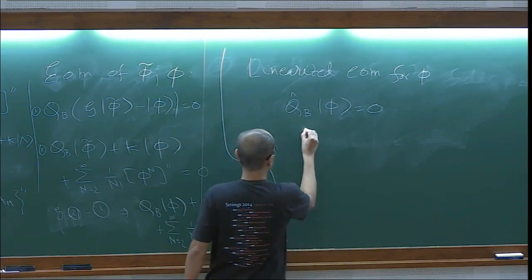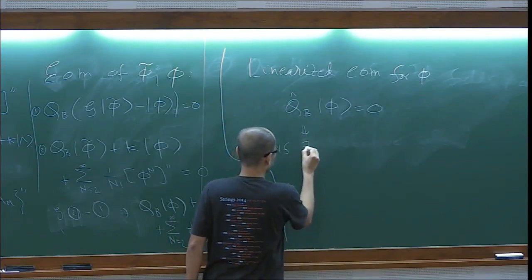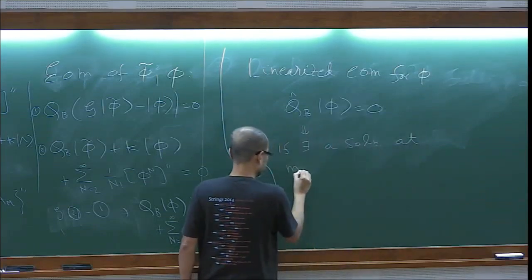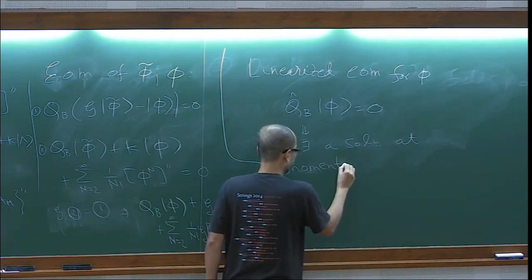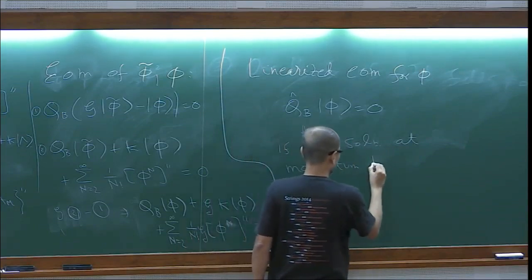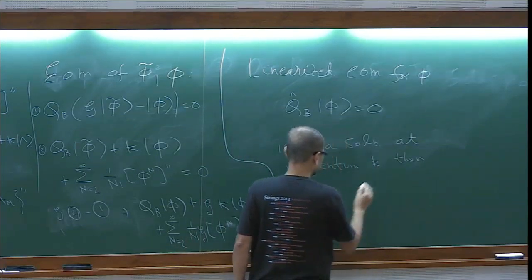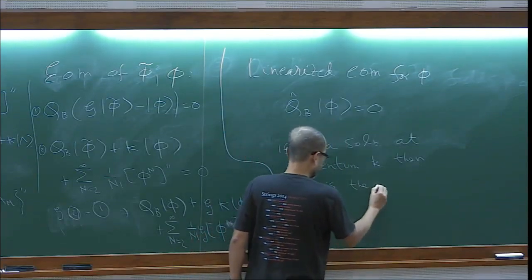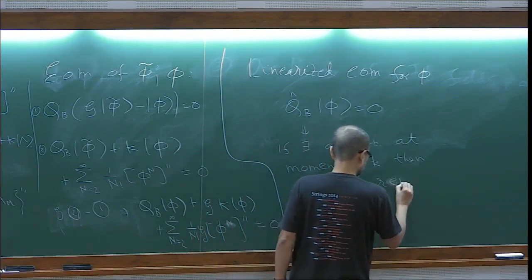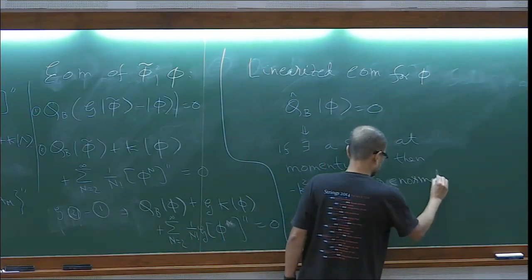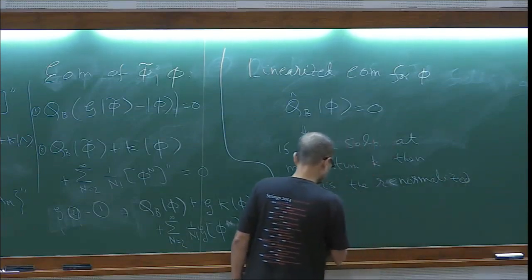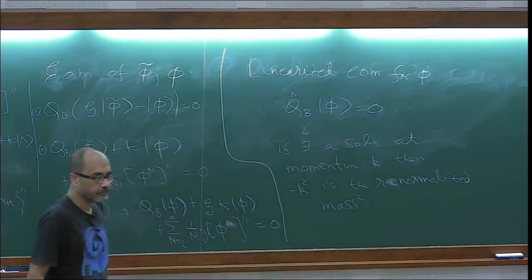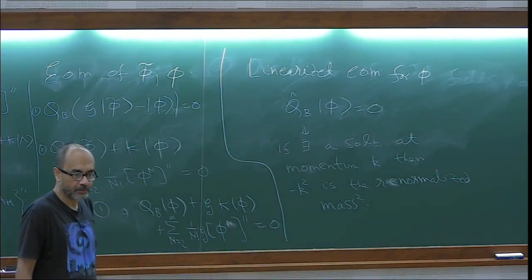So if there exists a solution at momentum k, a momentum that is carried by this phi, then minus k square is the renormalized mass square. Okay, this is the way you find the renormalized mass square here.